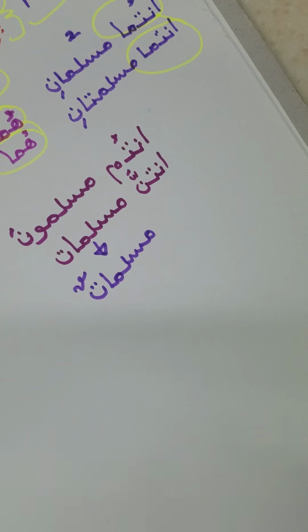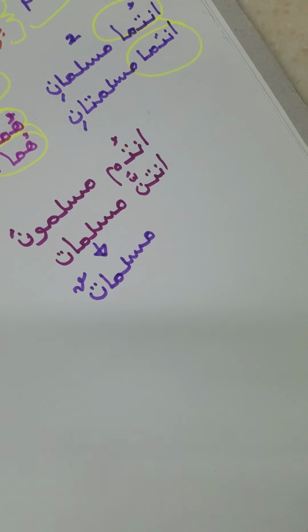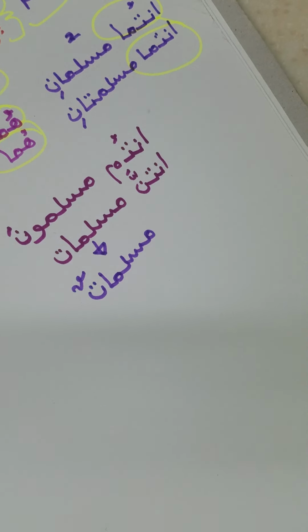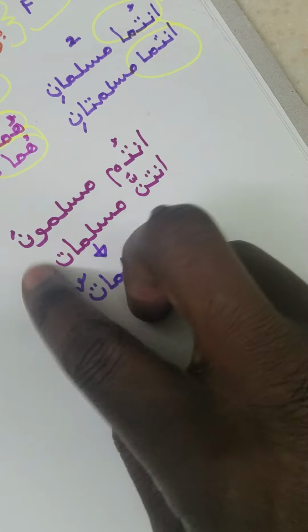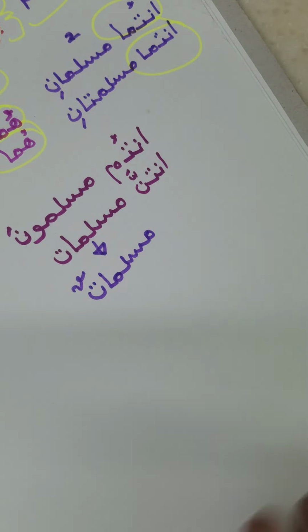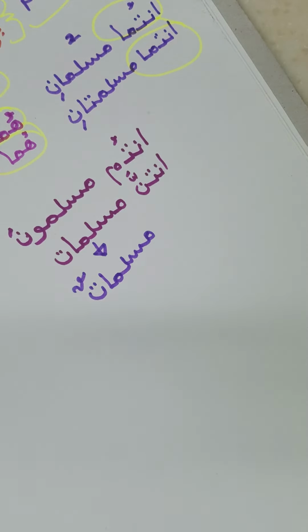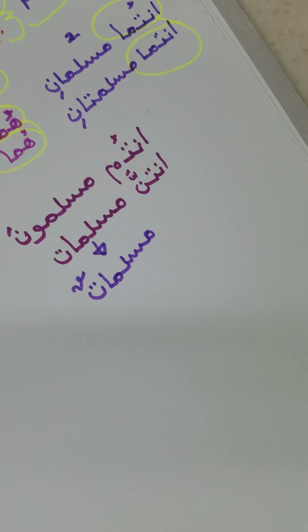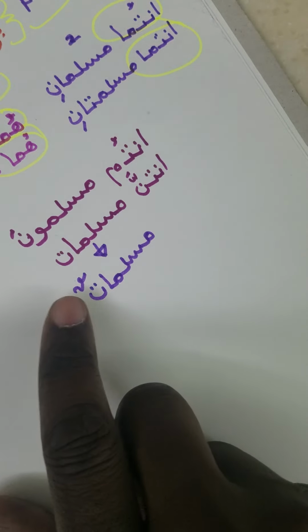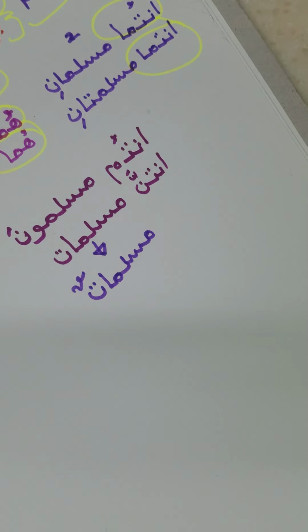So antunna muslimatun, because you're supposed to put these words in case 1. Muslimat alone is not case 1. It will be written like this, but even when you are talking to someone, in your tone you add this tanween so that it reads antunna muslimatun. That is no problem.